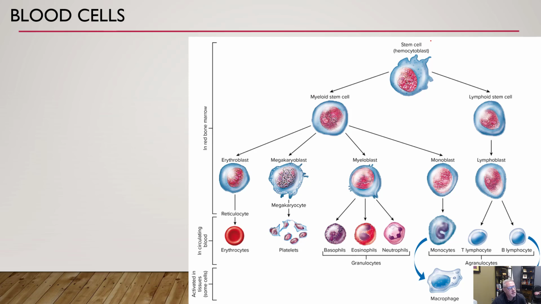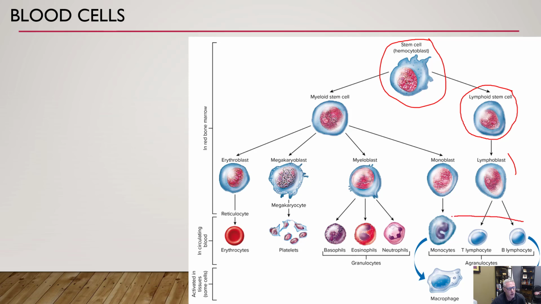So here you can see the hemocytoblast. So that's your hematopoietic stem cell, your hemocytoblast. We can see that your lymphoid stem cell is going to give rise eventually to your lymphoblast, and then your lymphocytes.